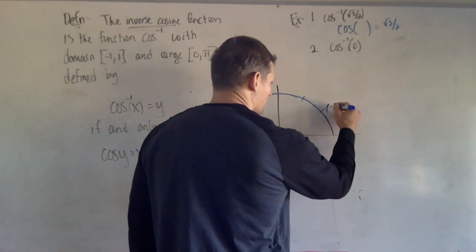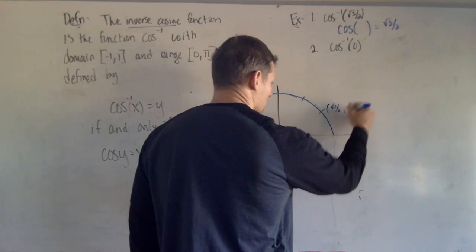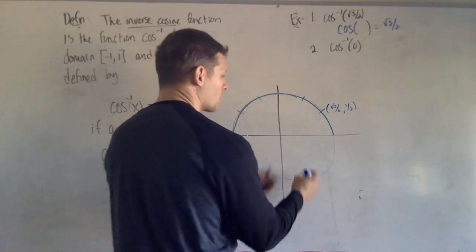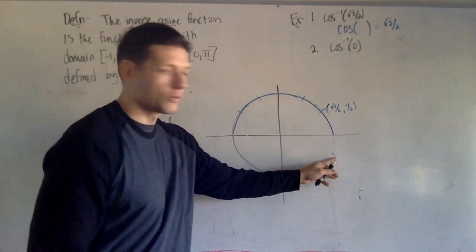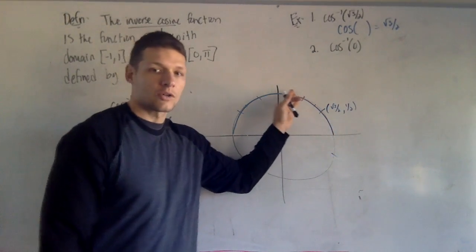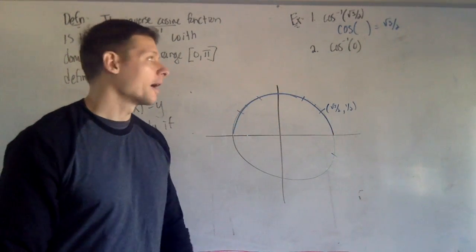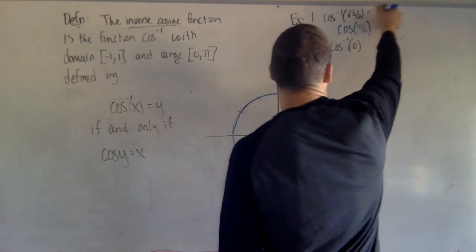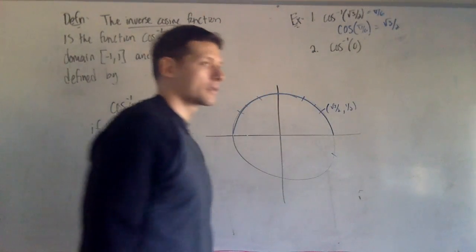So the point here is root 3 over 2, comma 1/2, and that's at the length of pi over 6. Now notice, yes, there is a point down here whose x-coordinate is root 3 over 2, but it's not in what we restricted our domain to be, from 0 to pi. So we know that this must be pi over 6, hence that is pi over 6.